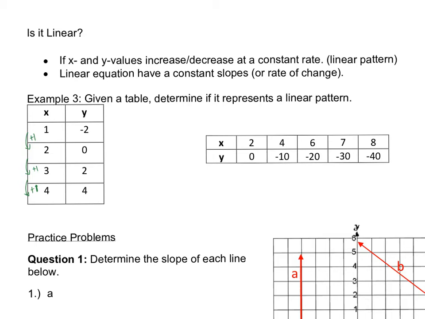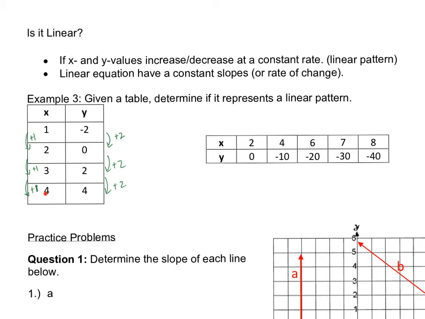So I can definitely say that the x's are moving at a constant rate because it's adding by 1 every time. That's the pattern. For the y's, it looks like it went from -2 to 0, so it's adding by 2 this time. And then 0 to 2, it's adding by 2, another adding by 2.